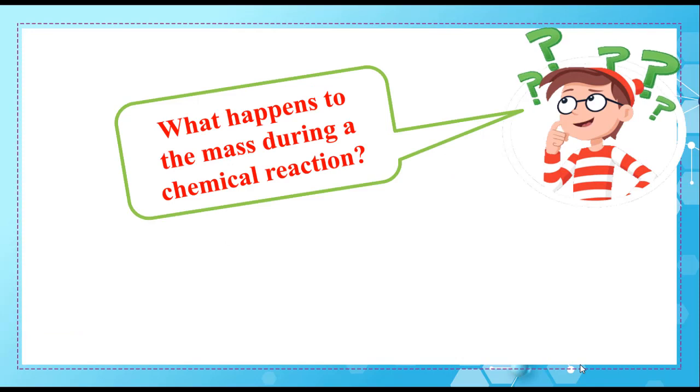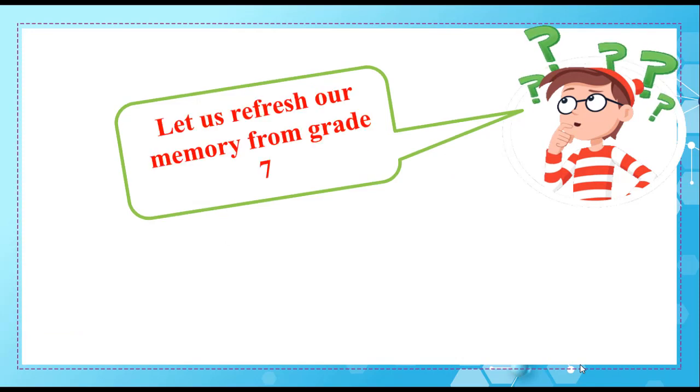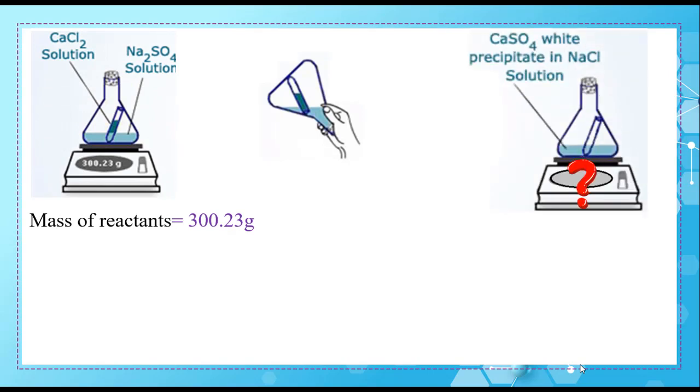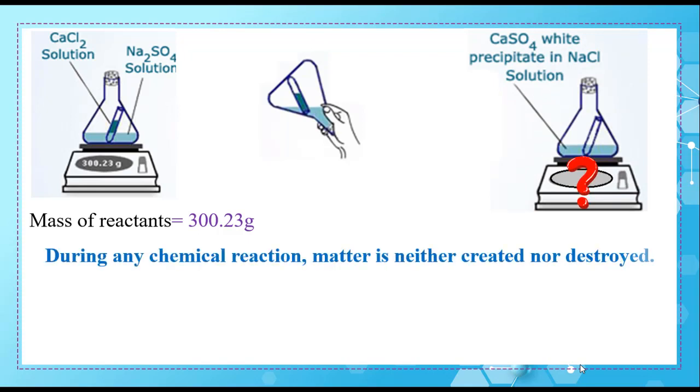What happens to the mass during a chemical reaction? Let's refresh our memory from grade 7. If the mass of the reactants in the previous reaction is equal to 300.23 gram, what can you deduce about the mass of the products? In grade 7, you learned that during a chemical reaction, matter is neither created nor destroyed.